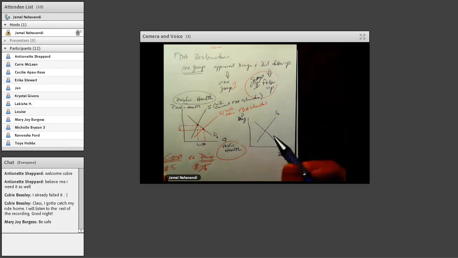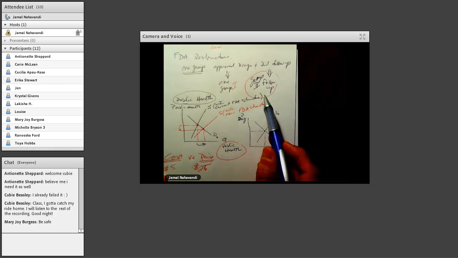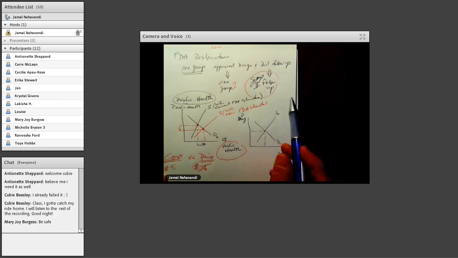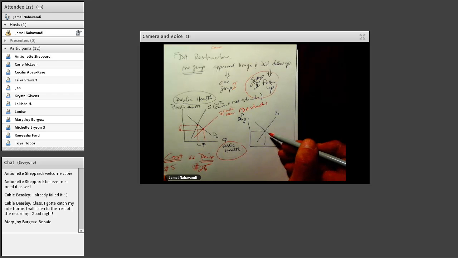Well, right now as it stands, this is the quantity and price. However, I'm faced with tougher scrutiny of my drugs. My choice is to put in more upfront time and resources in research and development to make sure that the drug will fare well, because different sets of eyes are looking at it and collecting data.